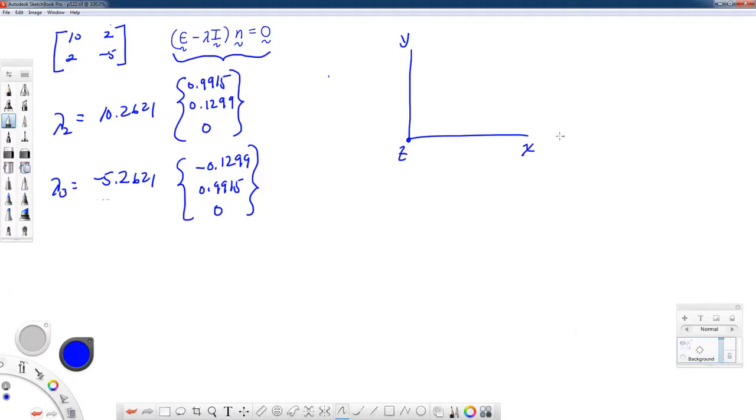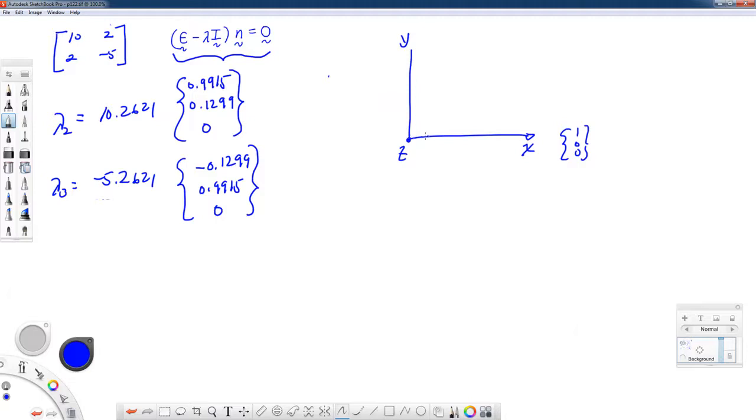So the direction off this way would be a vector that would have components of 1, 0, 0 for a unit vector. But what we have for this lambda 2 eigenvector is a direction that's mainly in the x direction, but goes up a little bit in the y.